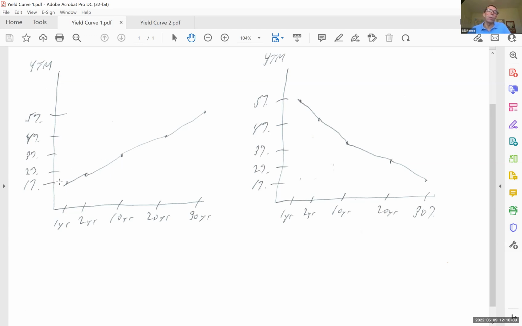If the 1-year bond is currently getting 1% and investors expect it to average 5% over the next 30 years, gee whiz, they must be expecting that 1-year bond to go up.